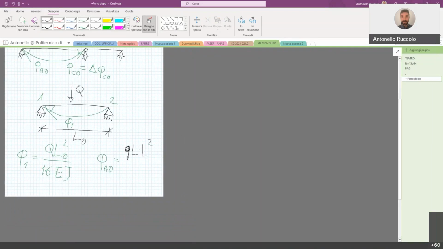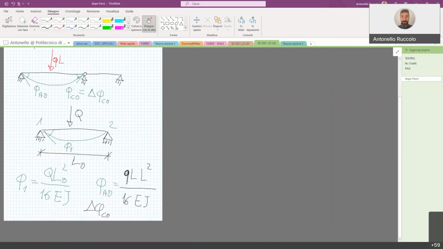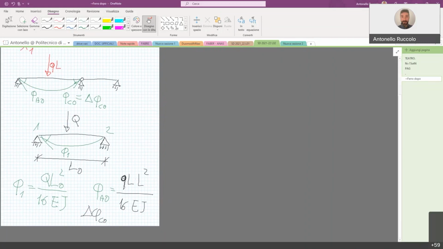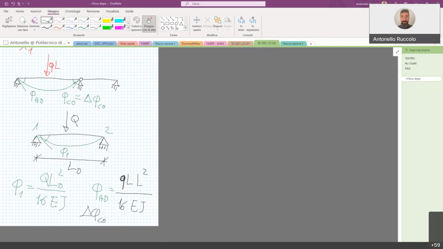Q to the power of 2 over 16 E iota. This is also delta phi C0 because the structure is symmetric and the rotation in the first node is equal to the rotation in the second node. It is the same.